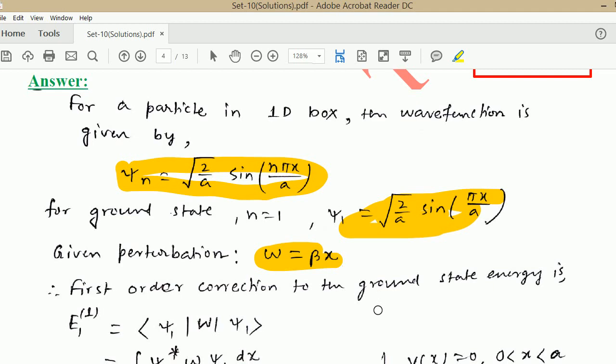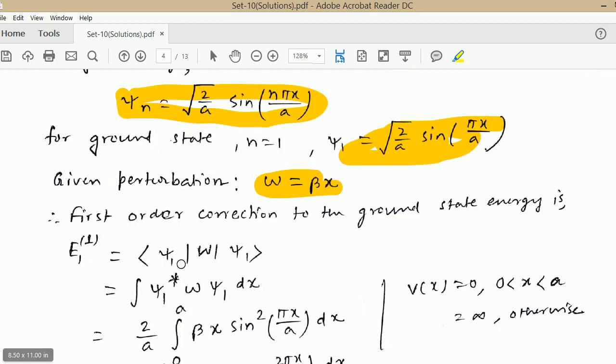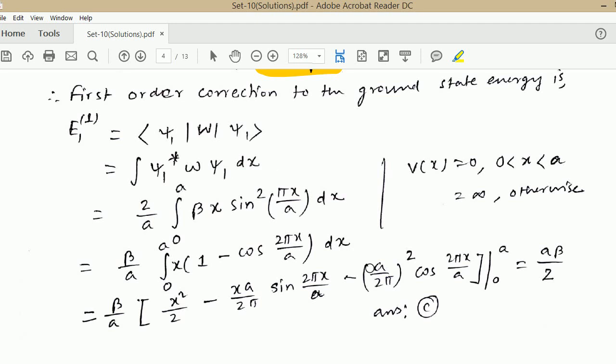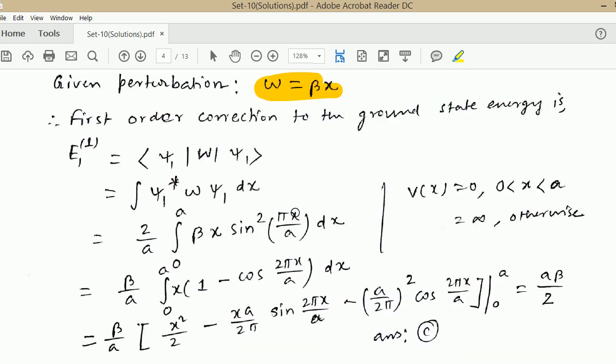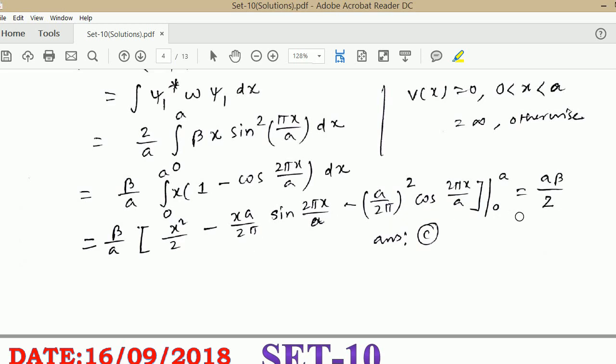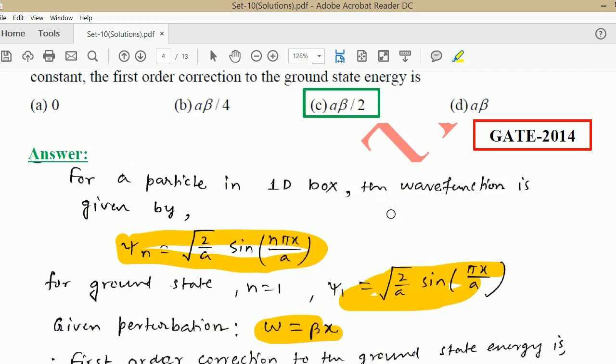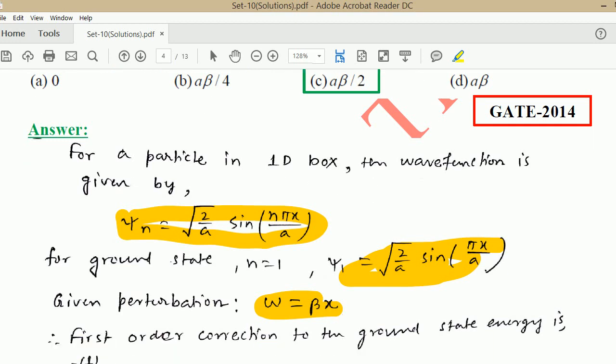So the first order energy correction in the ground state energy becomes the integral of psi 1 star W psi 1 dx. So we just replace the values of W and psi 1 to evaluate this integration. Upon evaluating this integration, we get a beta by 2, and this is matching with option C. So option C is the correct option.